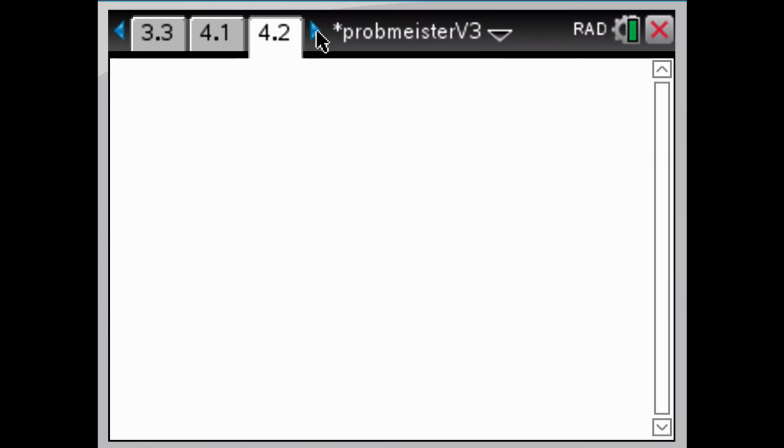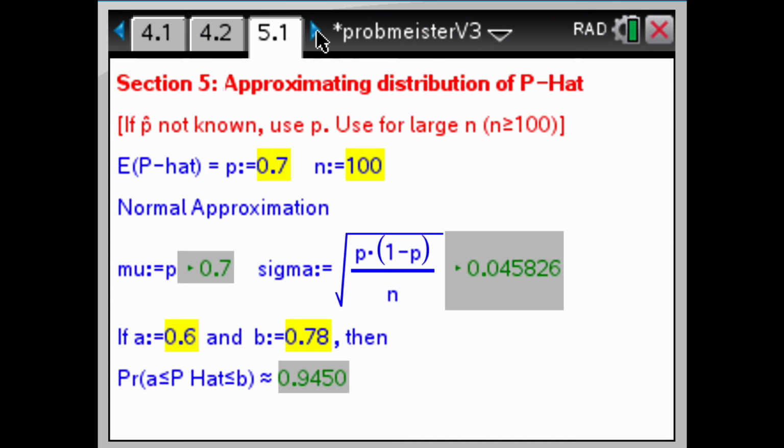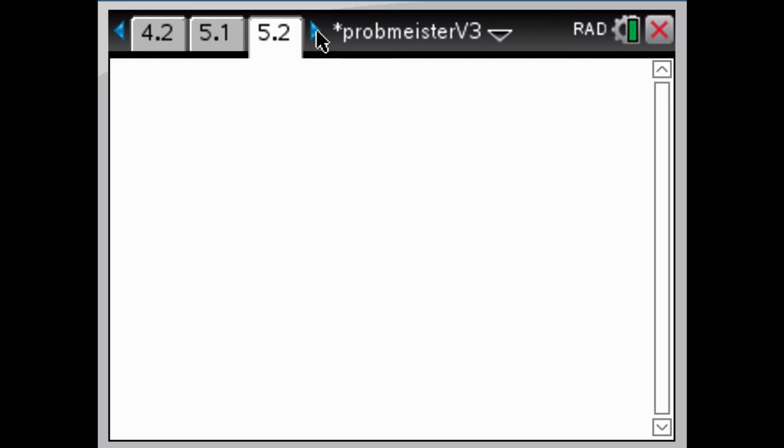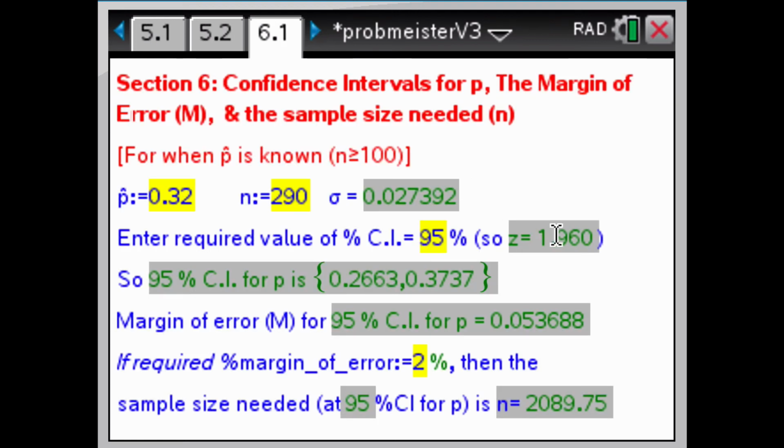Okay, so that's 4.1. 4.2 is for calculations, and now we get into the final part of the probability topic, which is about sampling. Initially, the case when p hat's not known, and that you use p and use that normal approximation calculations, and the last part is for the confidence intervals for p, the margin of error, and the sample size needed.